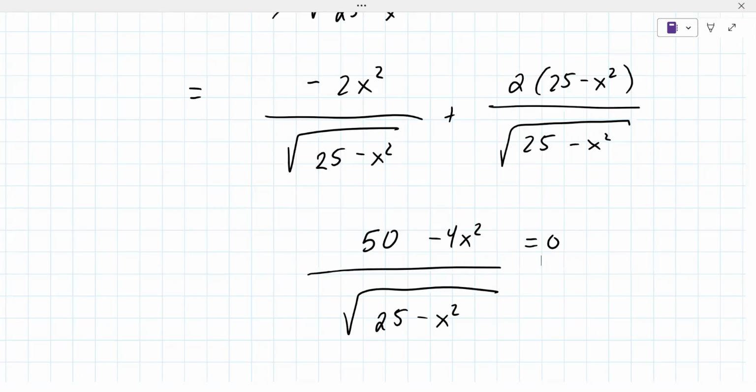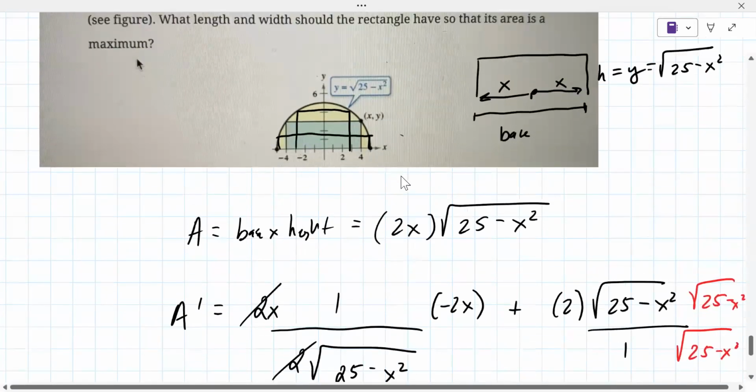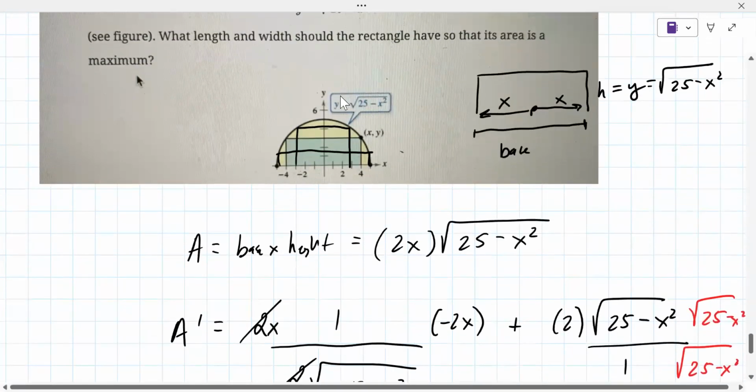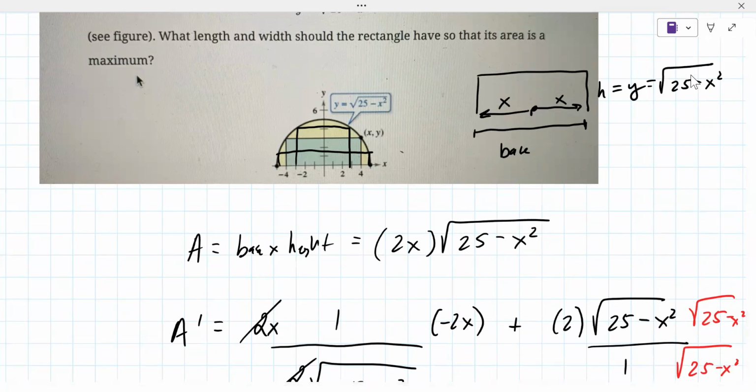So that's the x value. You've got to go back and get the y value, which comes from here. So you just sub it back in.